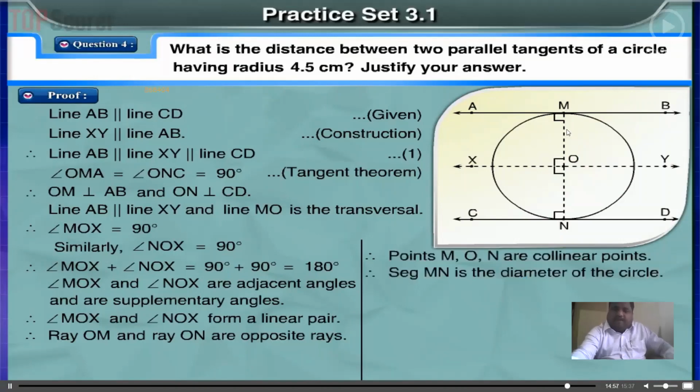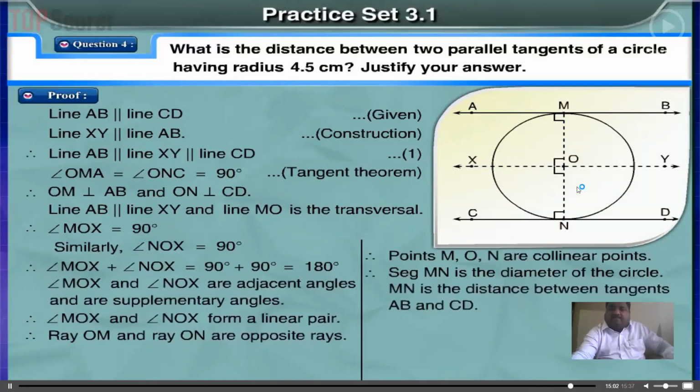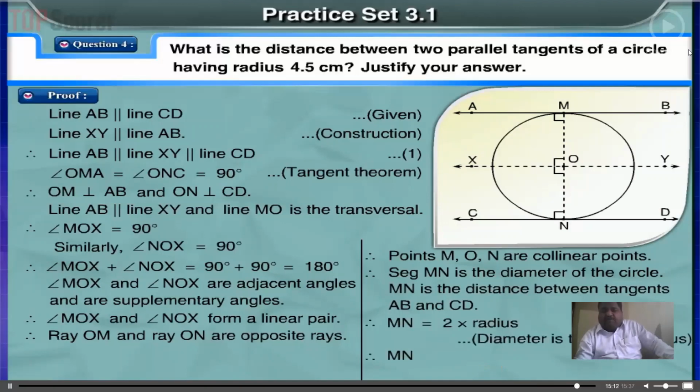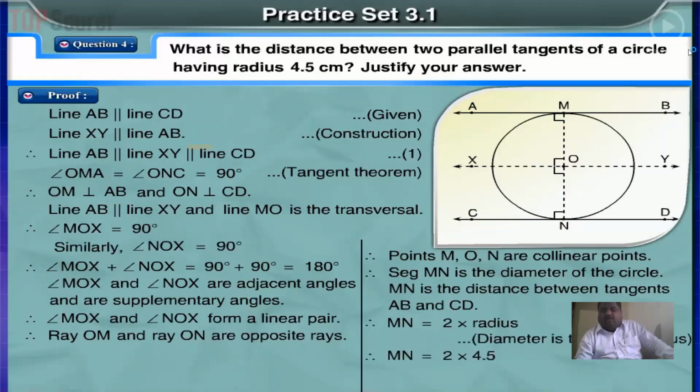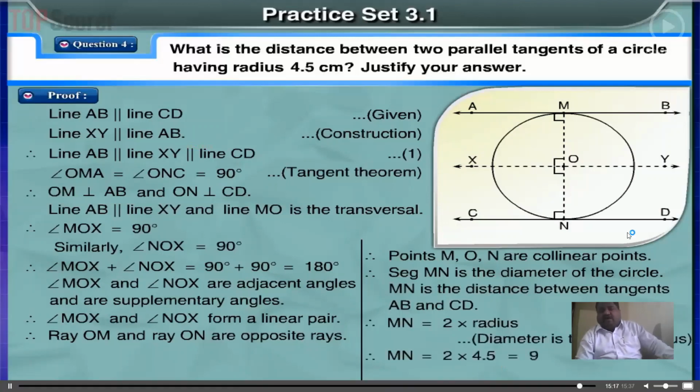Therefore, these 3 points are collinear points. Therefore, segment MN is the distance between these two lines, where MN is the diameter of the circle. Therefore, MN is equal to twice into radius, that is 2 into 4.5 centimeter, that is MN is equal to 9 centimeter.